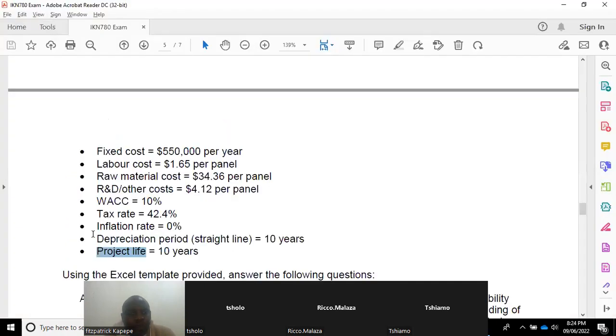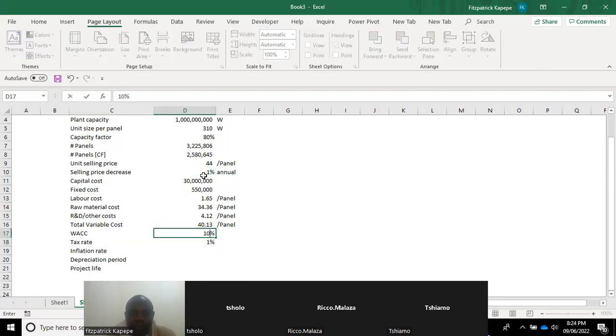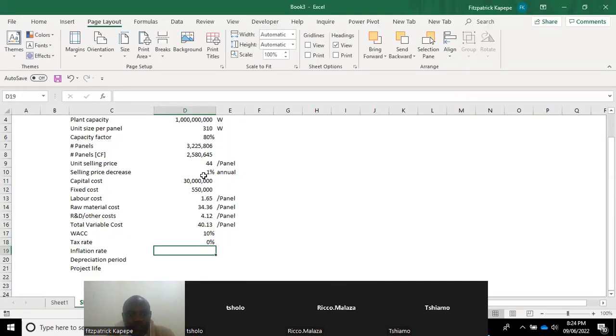Okay. Work, which is 10%. Inflation is 0. Oh, I haven't even gone to inflation, sorry. Tax is 42.4.